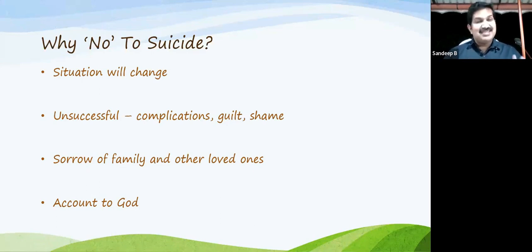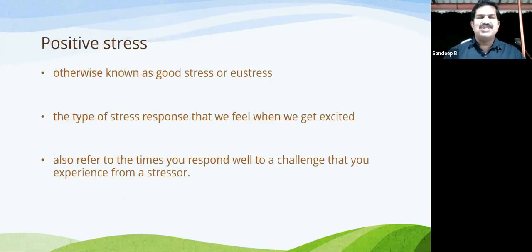Even if it is successful, think about the sorrow of your family and your loved ones. And above all, you are accountable to God. Whatever you do, you need to give an answer to God. There are so many people who are trying to live, spending lakhs of rupees. They are taking treatment to live, and you are trying to die. And of course, there are many medicines which help you to feel better and tide over the situation. So suicide is not a solution to anything.